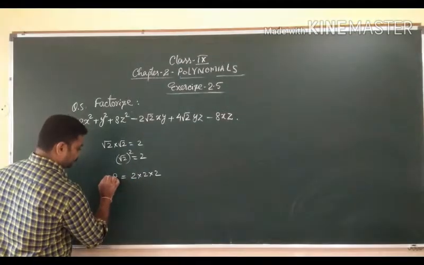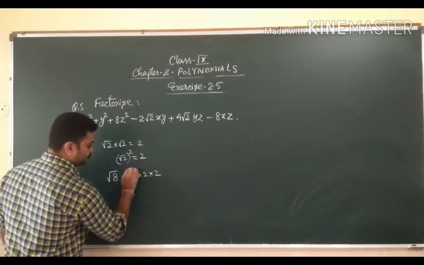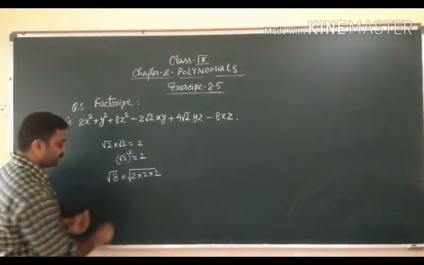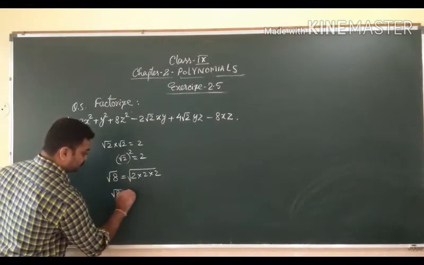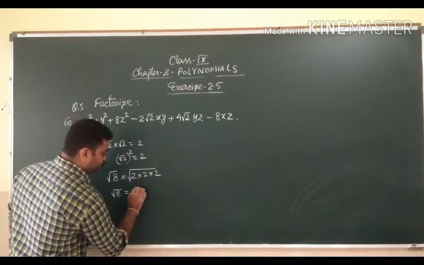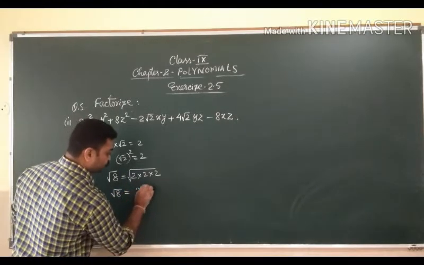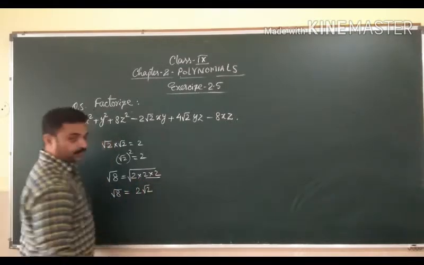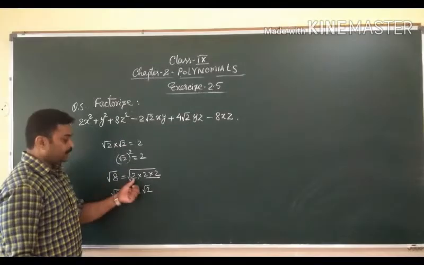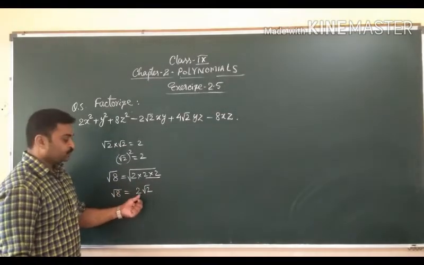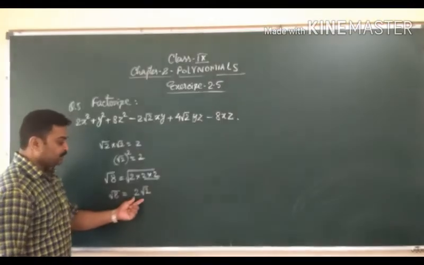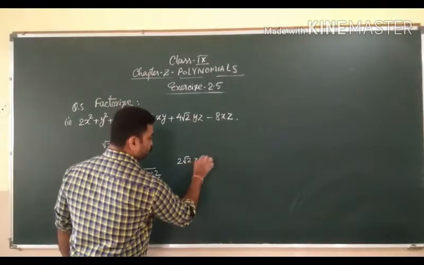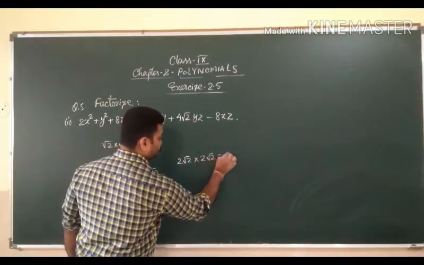Or if we take a square root on both sides, what do we get? Root 8 is equal to 2 root 2, because from this pair we will take 1 two outside and 1 two is remaining inside, so 2 root 2. That means we can say 2 root 2 into 2 root 2 is equal to 8.